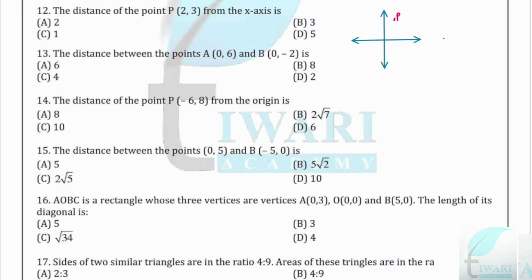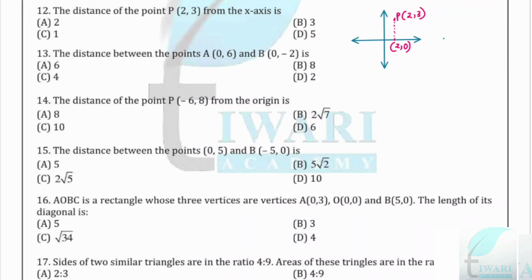We need the distance from the x-axis. From point P, the line will be perpendicular and it will meet the x-axis at (2, 0), and the other point will be (2, 3). Okay, we got 2 points now.